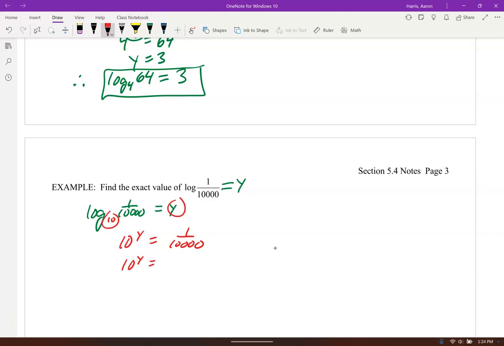Let's see, 10 to the what is 1 over 10,000? 10 to the negative 4. So I know y has to be negative 4. Therefore, log base 10 of 1 over 10,000 equals y, equals negative 4.